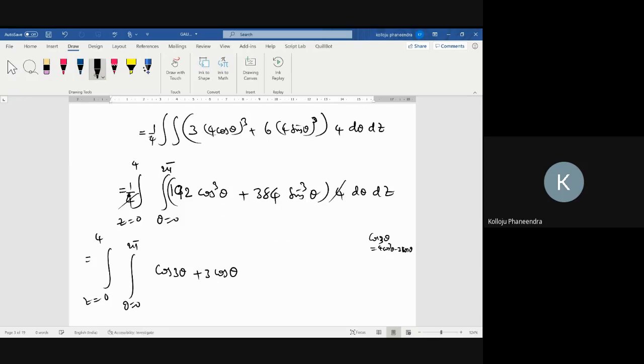Plus 384 times sin cube theta, which is 3 sin theta minus sin 3 theta, by 4. This is 192 d theta dz, this whole bracket.